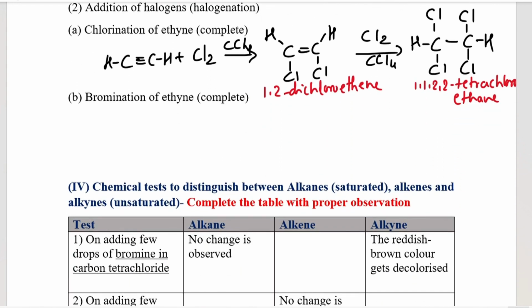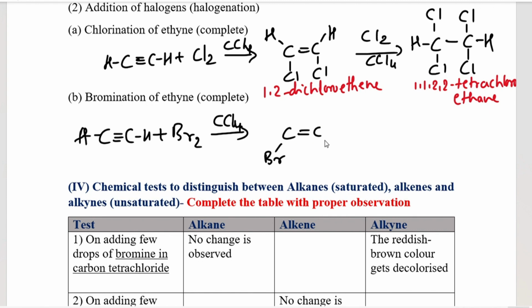Come to bromination, exactly the same way. You will write HC≡CH plus bromine in CCl4. So CHBr=CHBr, one bromine here, another bromine here, hydrogen and hydrogen. This is 1,2-dibromoethene.